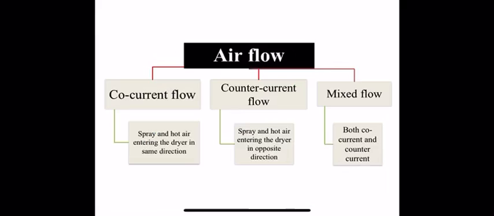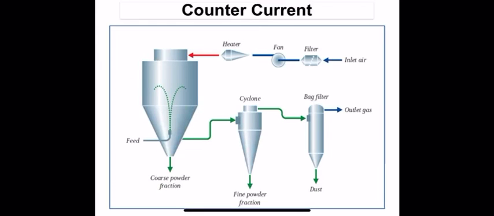When they move in opposite directions, the contact between the droplets and the air will keep the feed in the suspended form, and as a result maximum heat transfer can take place. And sometimes they are used in both ways, co-current as well as counter-current.